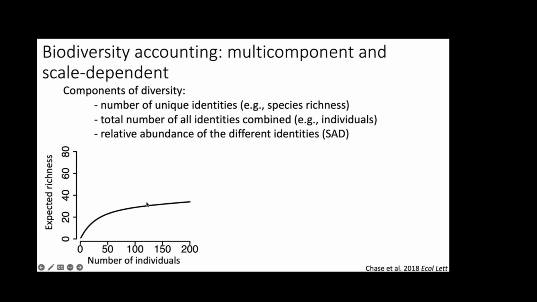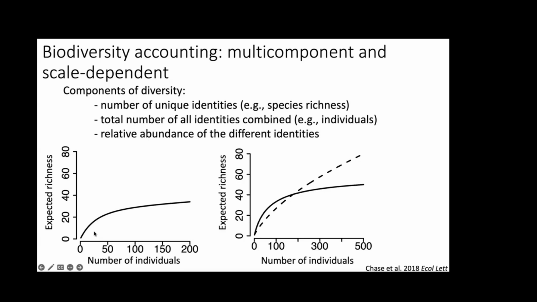And with a bit of experience and practice, we can actually read a little bit of information about the relative abundance, the evenness of a given community by the curvature of this relationship. If we look at a comparison of two communities, we might see, for example, with the solid line, both of our samples here have approximately the same number of things.